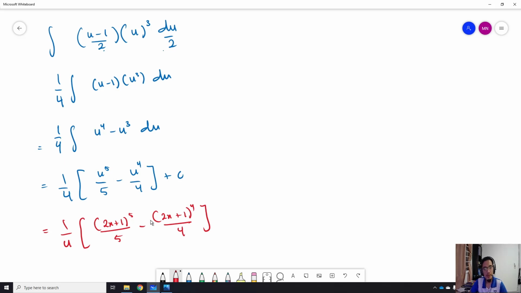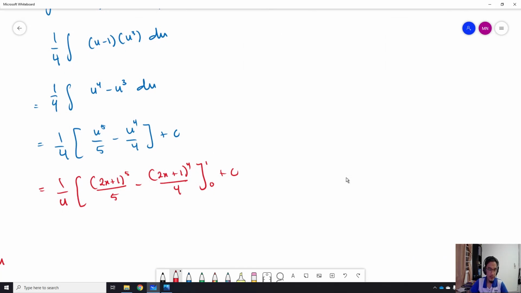Okay, so after you resubstitute the value of u into the equation, only then can you write down 1 and 0 in the bracket. Okay, so now calculate the answer by substituting 1 and 0 into the function.